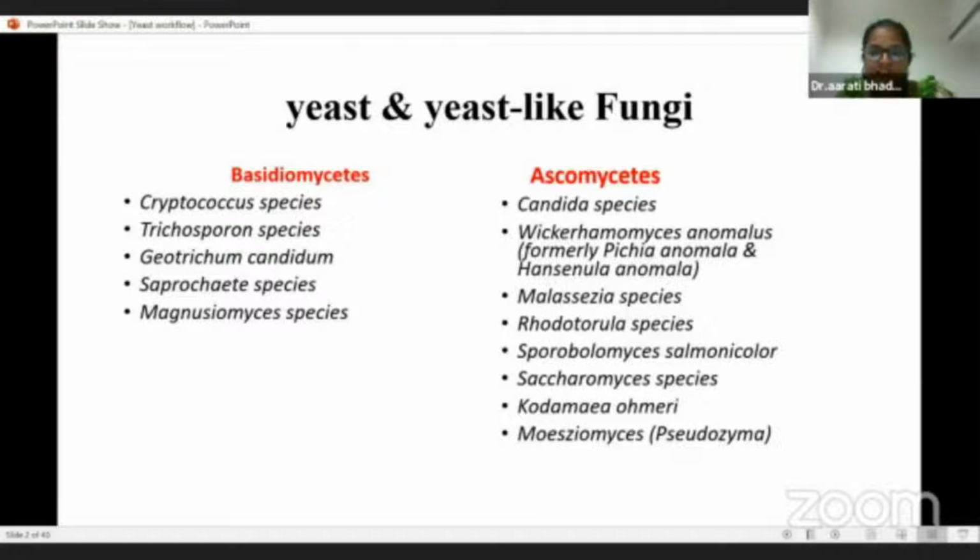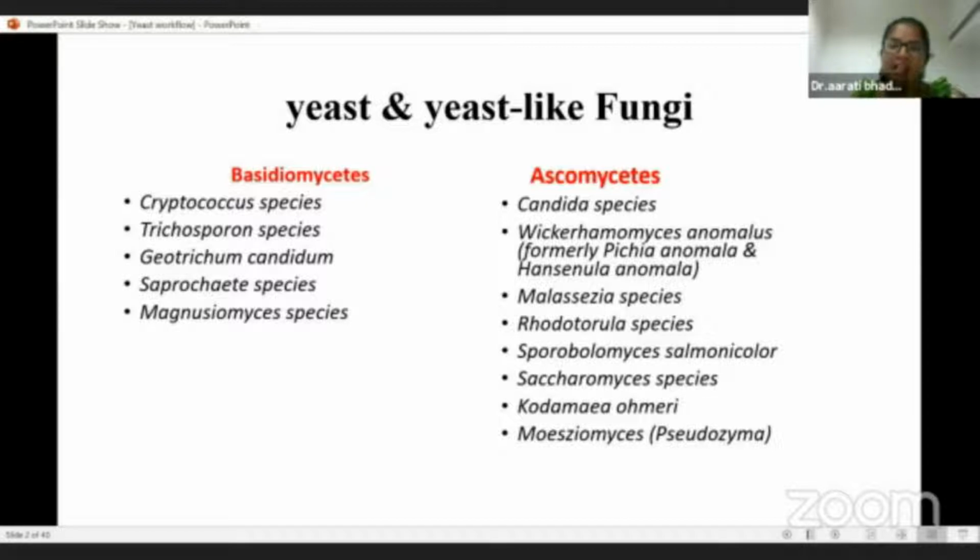Then Malassezia species, Rhodotorula species, Sporobolomyces salmonicola species, then Saccharomyces species, Kodamaea ohmeri species, and Magnusiomyces species, which was formerly called Pseudozyma.